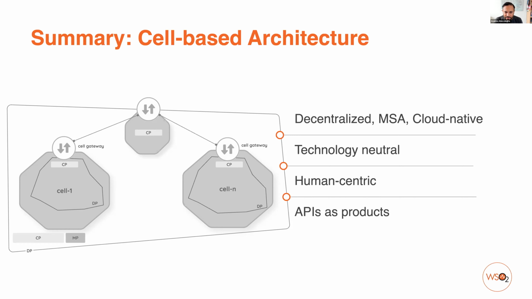You can build APIs as products, and a cell can be treated as an API product. I explained how this is tied with APIs, and this is a completely API-centric, or API-first, architecture as well.